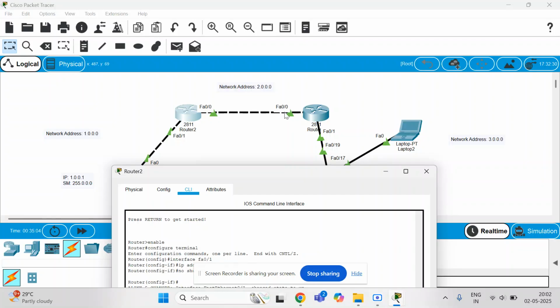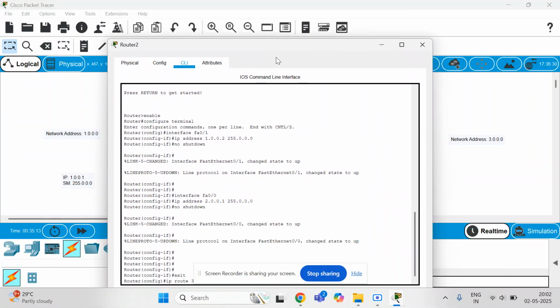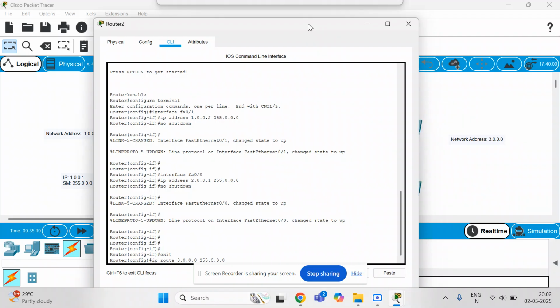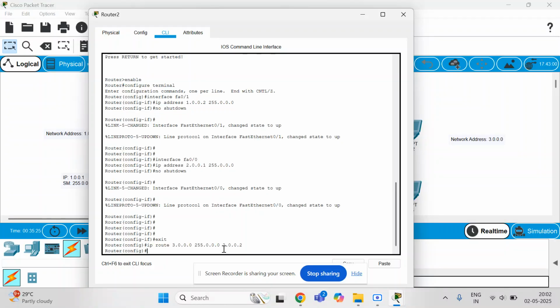This Fa0/0, because it is connected with the first router. So this IP address is 2.0.0.2, which we have given earlier. So we have to write the IP address here, 2.0.0.2. Done. This is the static routing command from this side, one side.